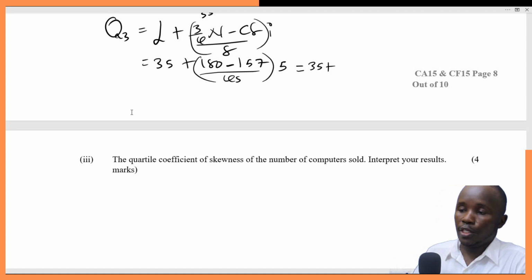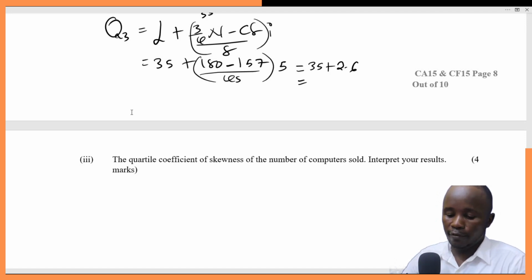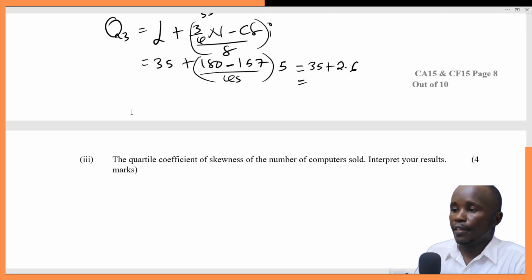This is 2.6. Add that to 35. This gives me 37.6.